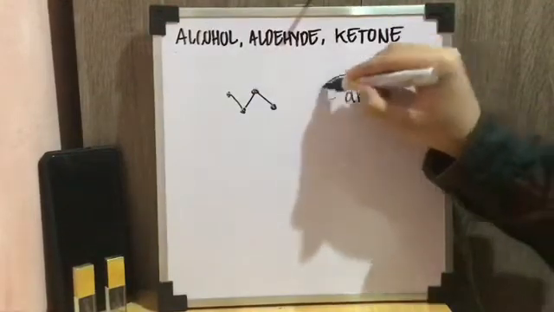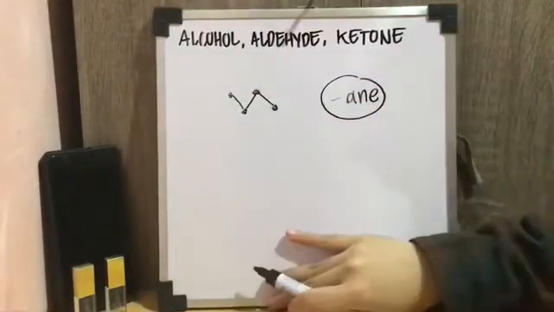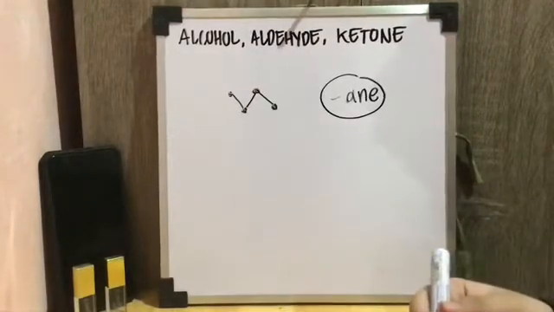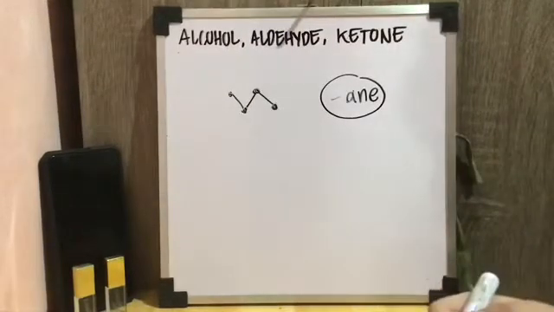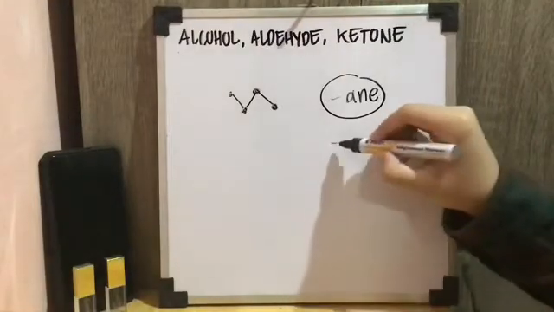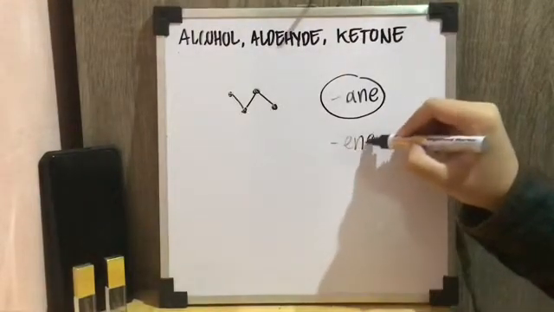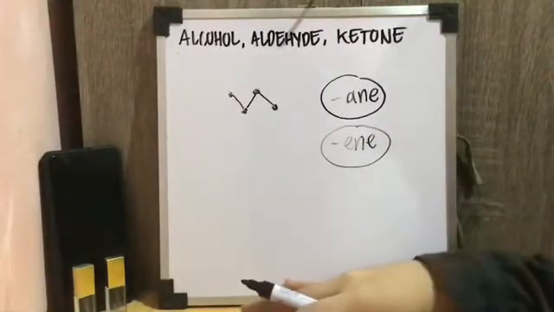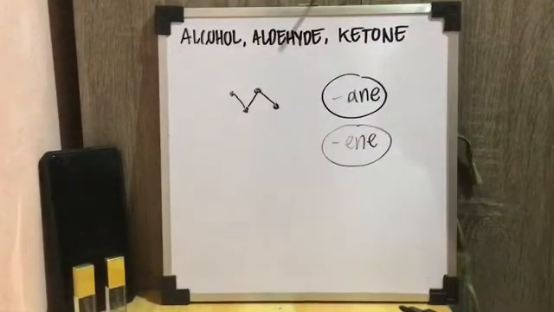This signifies that there are only single bonds present in the organic compound. If there is a double bond, however, you would use the suffix -ene instead of -ane. This would mean that there is a double bond present in your organic compound.